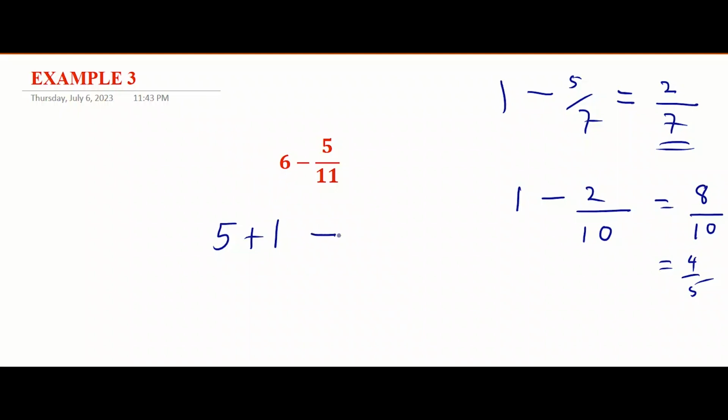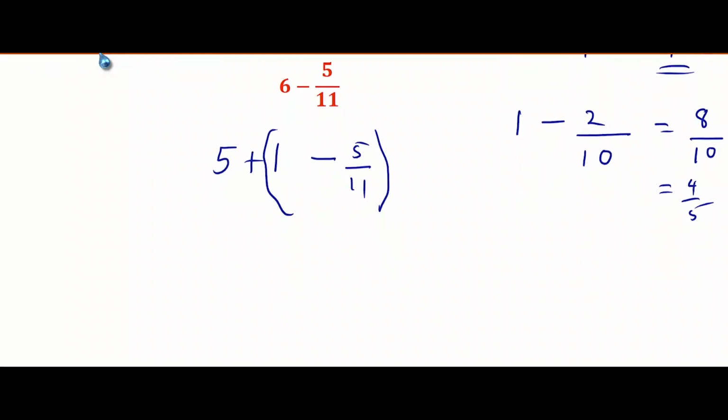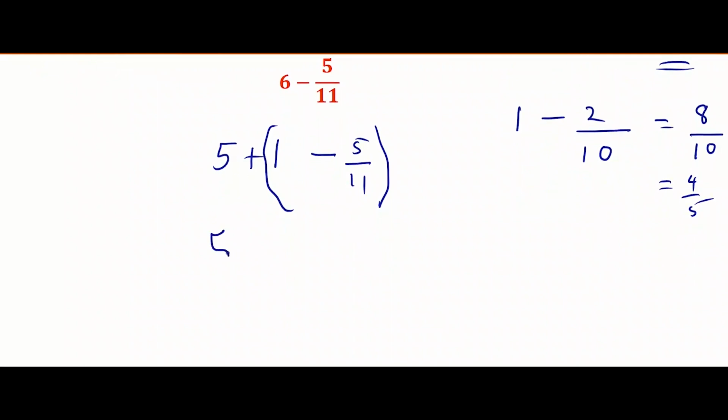Then subtract 5 out of 11. So I can easily do this like this. If I scroll down a little bit, that means I'm going to have 5 add. Using the shortcut now, this will just be 11 minus 5, you can say 11 minus 5 out of the denominator, which is 11.